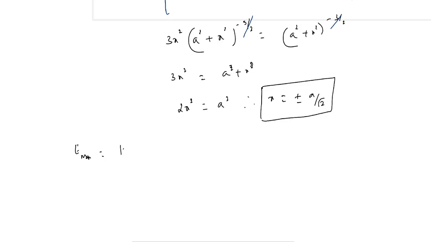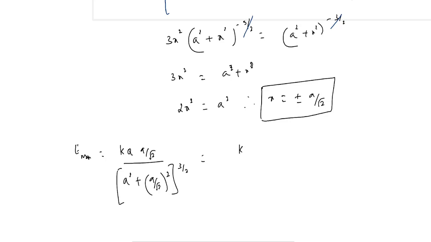So it will be k q, x was a by root 2, divided by a square plus x square, x was a by root 2, the whole square, this whole power of 3 by 2.